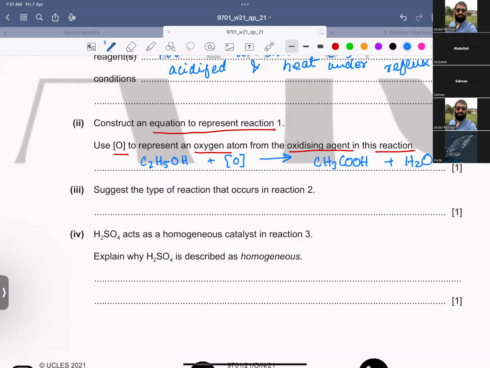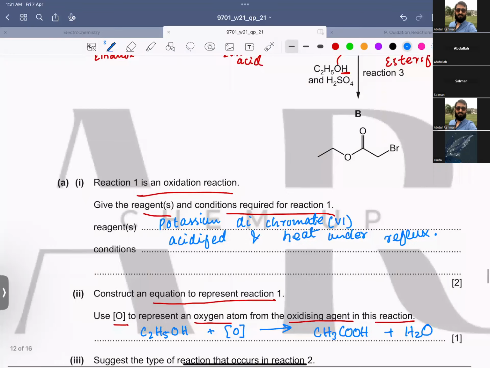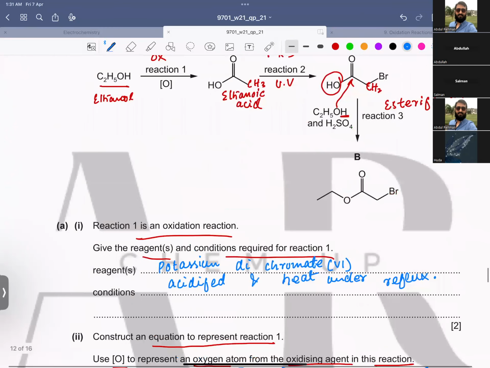Okay. So this is the type of reaction that occurs in reaction 2. We already discussed that it's a free radical substitution.